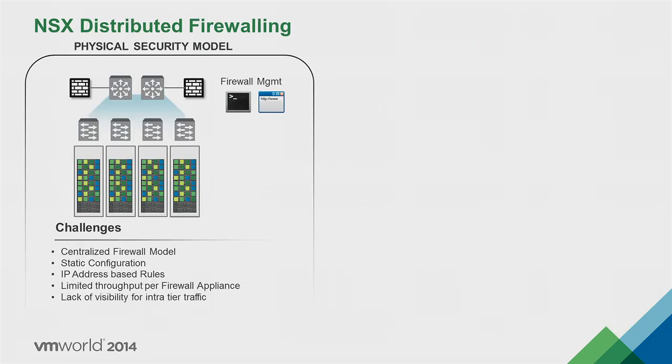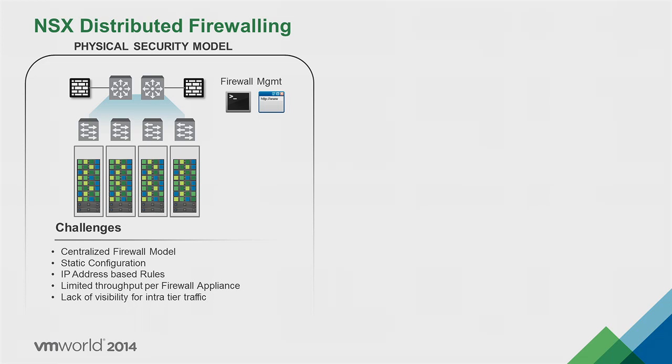So our next component here is distributed firewalling. So in a traditional security model, physical firewalls have to be attached to the network, traditionally up here at the aggregation layer of the network, where they'll become a choke point. You need to steer traffic to these centralized firewalls. And not only that, they also have limited context about the application or workload because they're running several wire hops away from that workload.